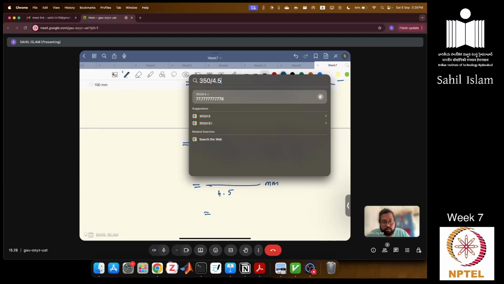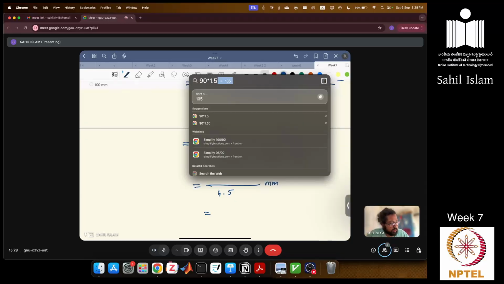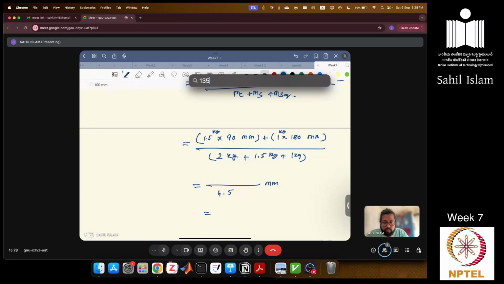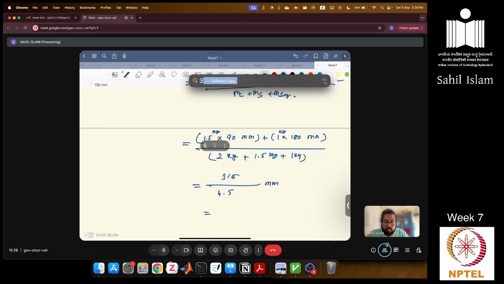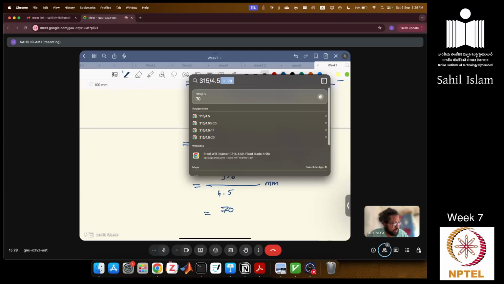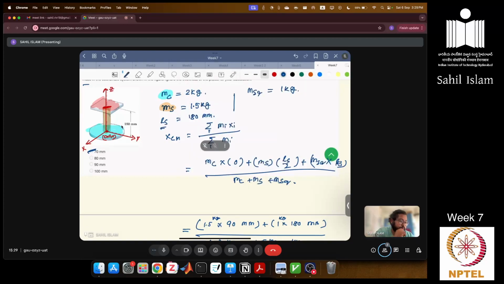So 90 times 1.5 is 135, plus 180 is 315. So 315 divided by 4.5, we get 70 millimeter. So this 70 millimeter is our answer.